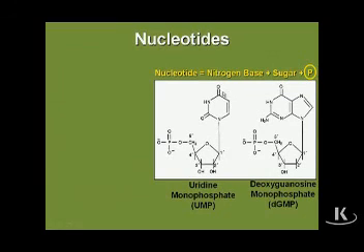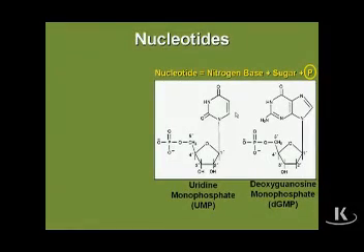Looking at this further, you notice what we have on this particular figure is a nucleotide. How did you know it was a nucleotide? Because it has a nitrogen base, it has a sugar, and it actually has a phosphate group attached. It has one phosphate group attached, so we call this uridine monophosphate. How did we know it was uridine monophosphate? Once again, always have to go to the nitrogen base.